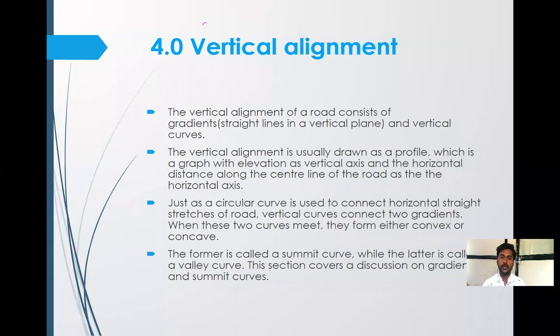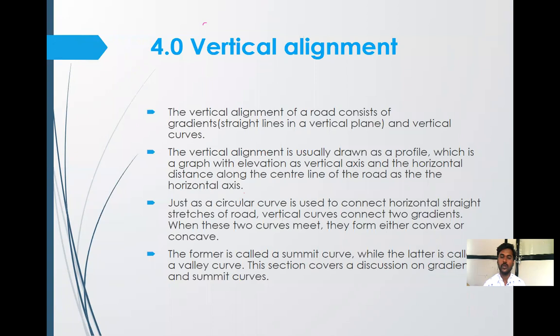The vertical alignment is usually drawn as a profile, which is a graph with the elevation as the vertical axis and the horizontal distance along the center line of the road as the horizontal axis. Just as a circular curve is used to connect the horizontal straight stretches of the road, vertical curves connect the two gradients.